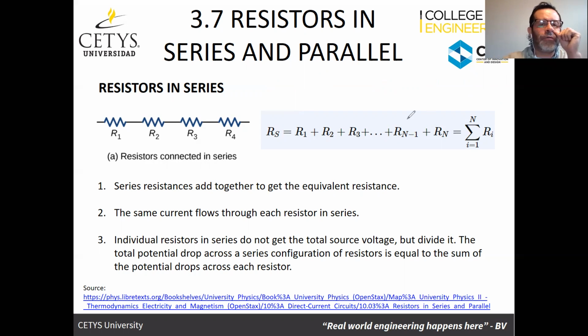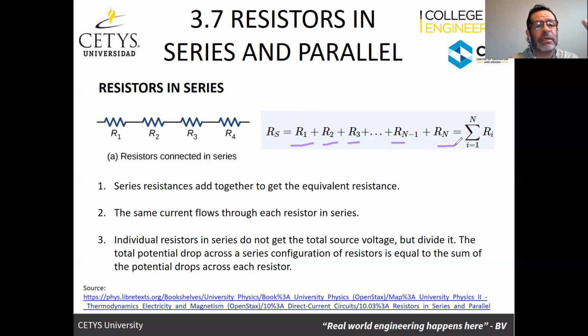In the case of resistors in series, the total resistance or the equivalent resistance is going to be the sum of each of the resistances, okay? What happened with capacitors? Capacitors in parallel was the sum. Here it's the other way around.